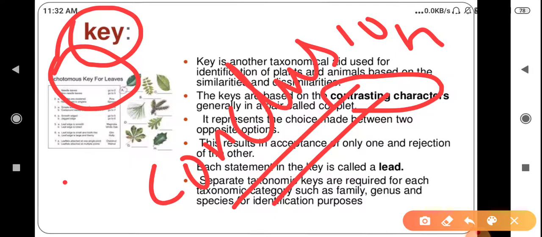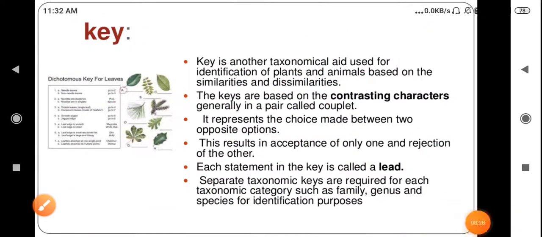You will make a choice, accept one and reject one, and the statement that this is a monocot leaf will be a lead. Then you go on to the next couplet, choose one, and in this way you will be able to identify the organism. So this is all about the first chapter, that is the living world.